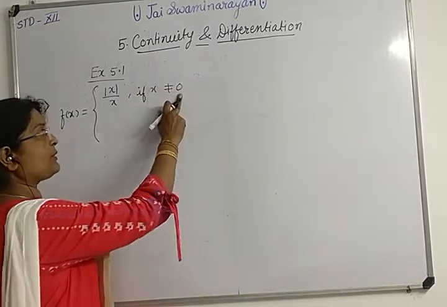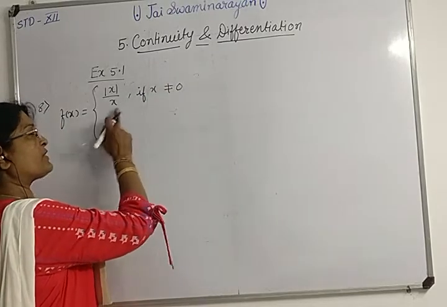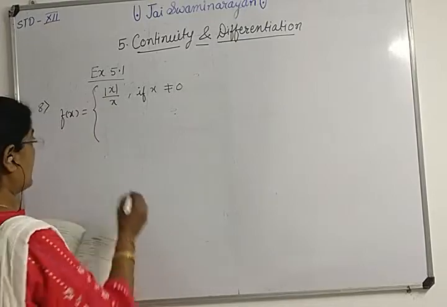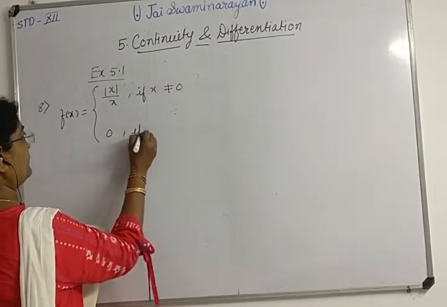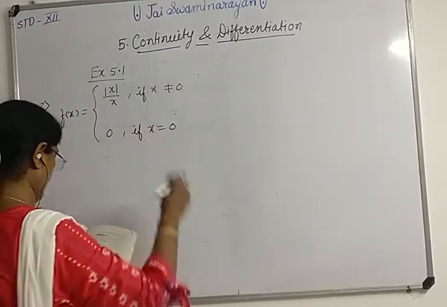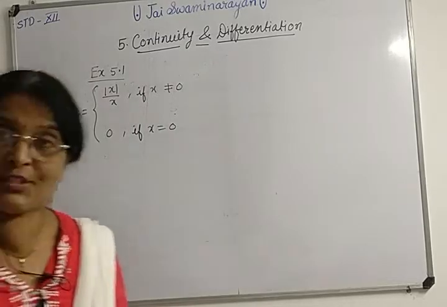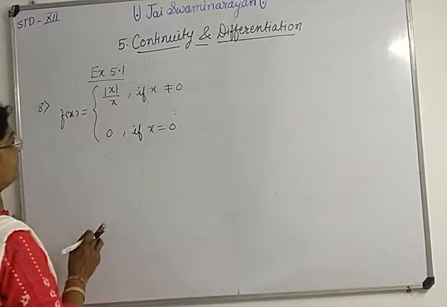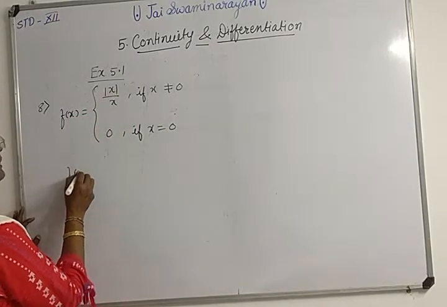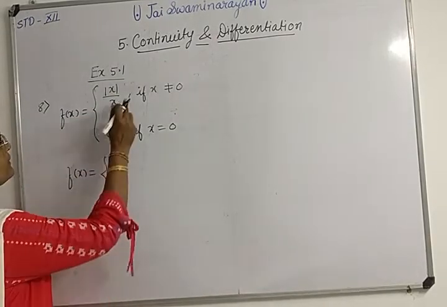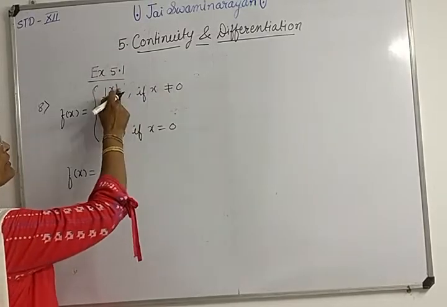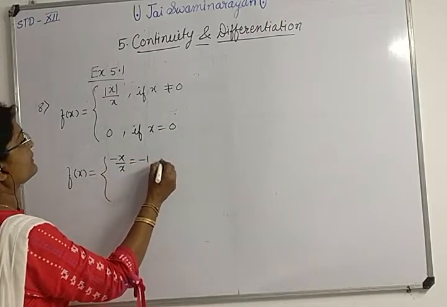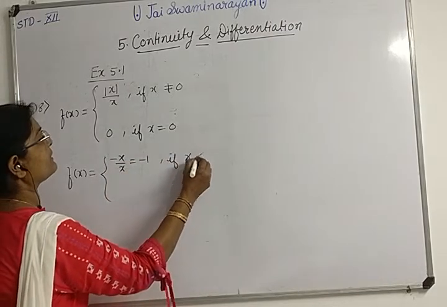Not equal to 0 means for less than 0 also this is the function, for greater than 0 also this is the function, and equal to 0 if x equal to 0. Now again it is a modulus function. So we can write this function as, f of x equal to, for x less than 0, mod x equal to -x, so -x upon x equal to -1 if x is less than 0.